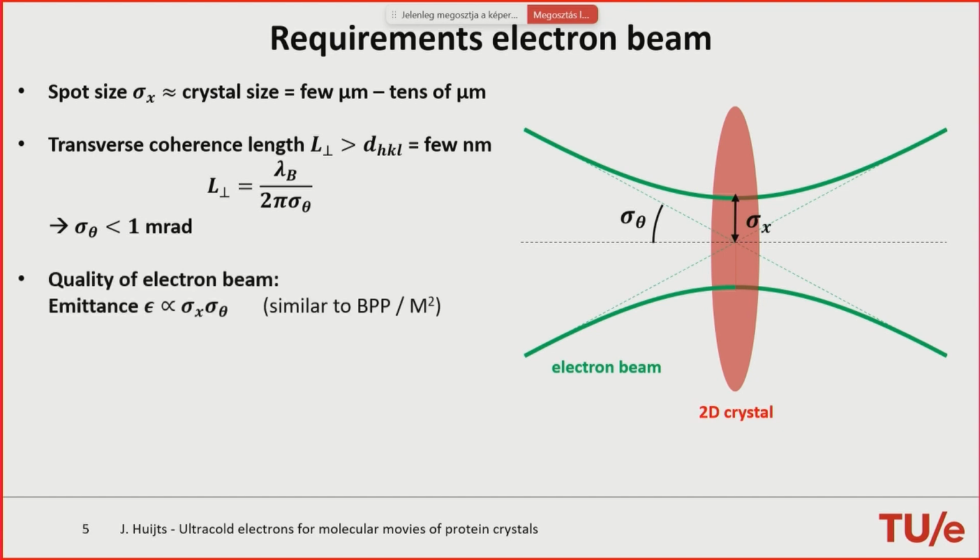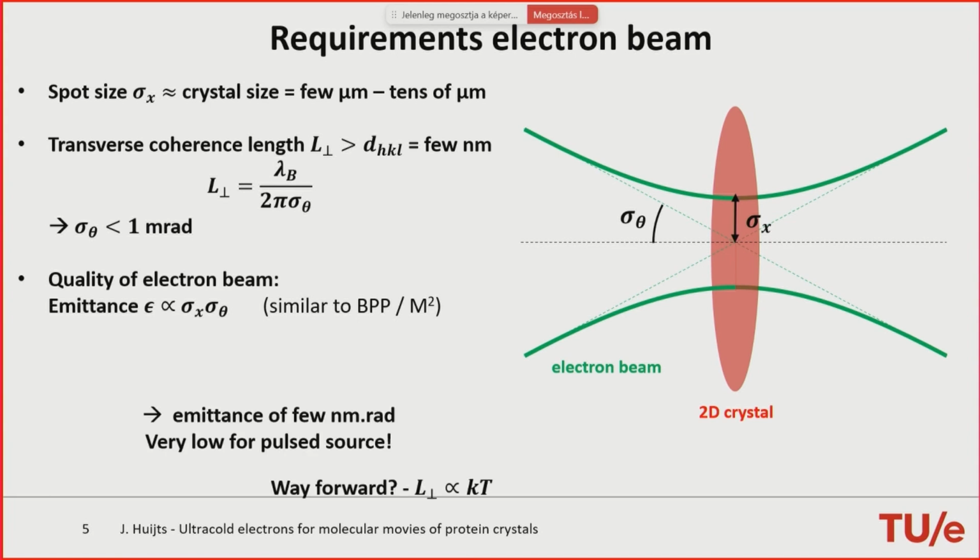Now, in electron beams, the quality of an electron beam is described by the emittance. And for the laser, people that work a lot with lasers here, it is very similar to the beam parameter product. So this emittance is proportional to these two numbers that I just mentioned, the size of your spot and the divergence angle.